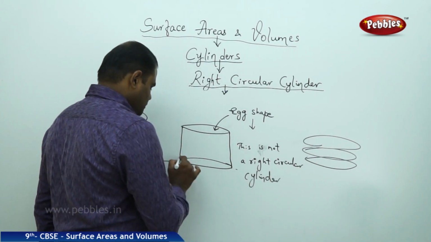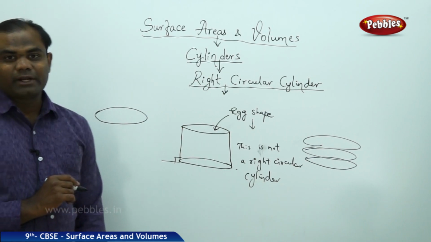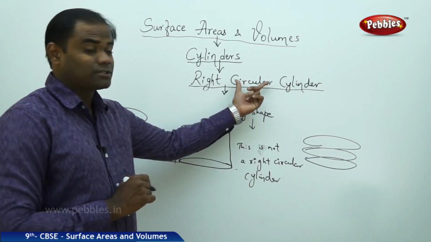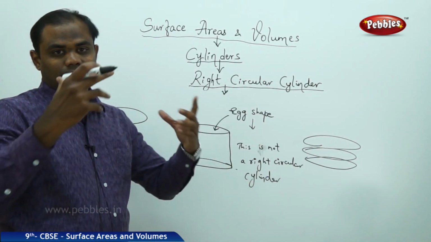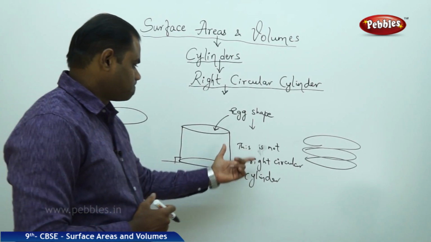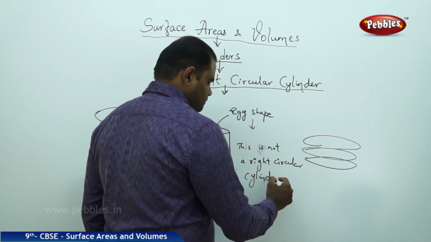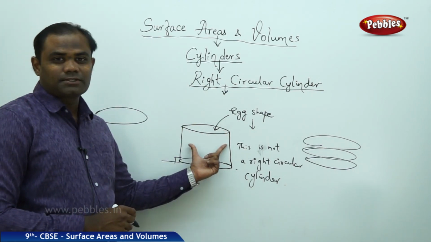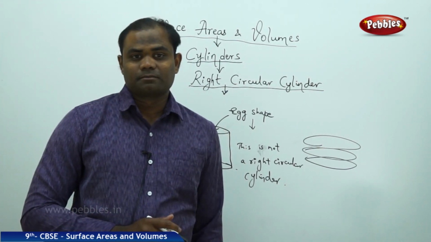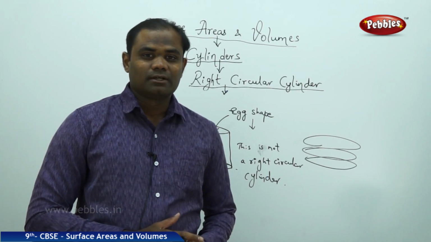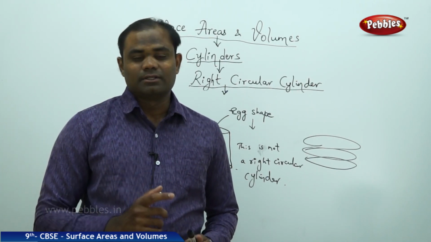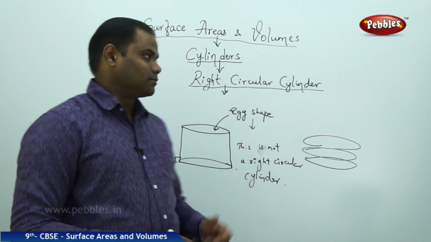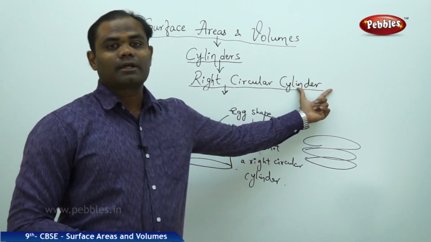Though it is 90 degrees from the ground, it cannot be a right circular cylinder because it has to be circles which are constructed to form a cylinder. The reason being, each of the constructed objects is egg-shaped. That is how we understand the right circular cylinder demanding three different rules: this, this, and this.